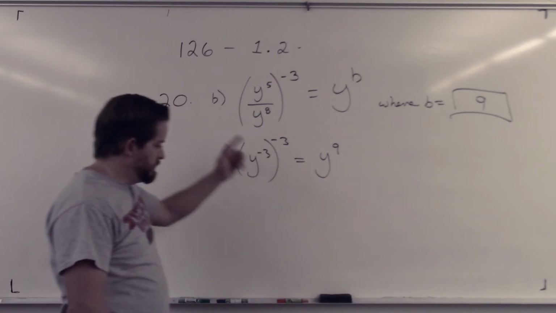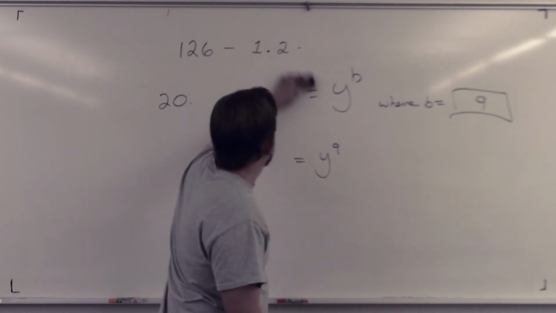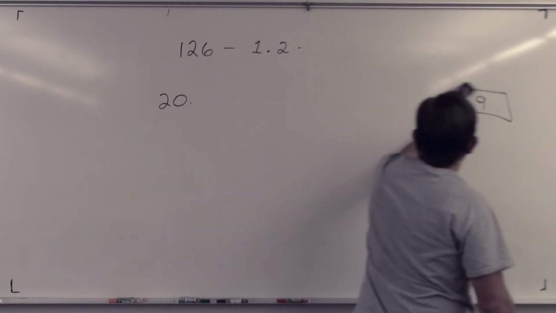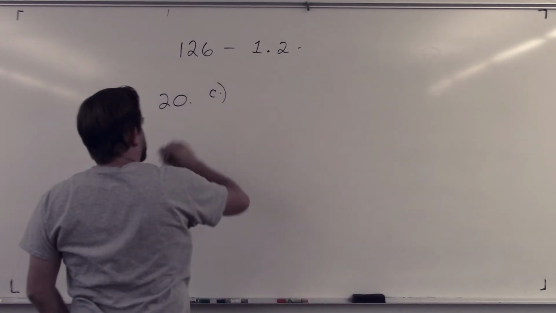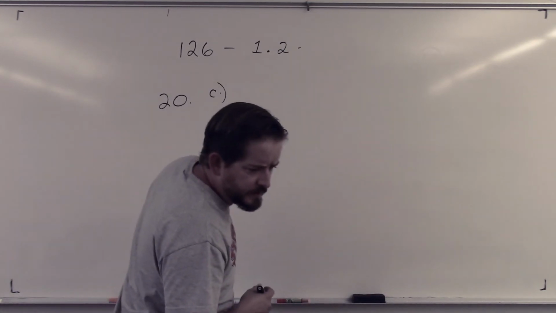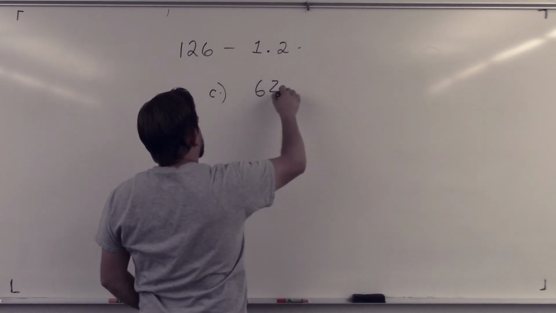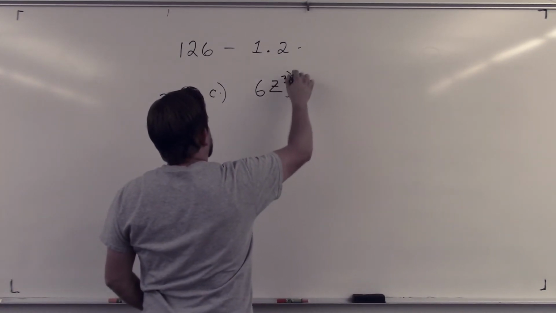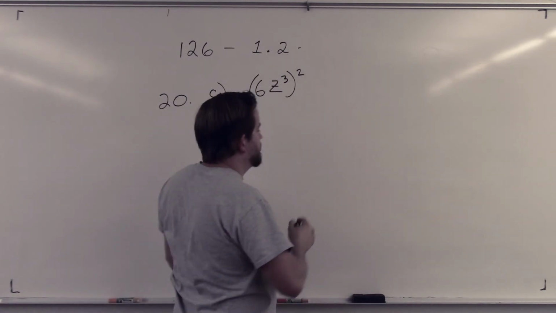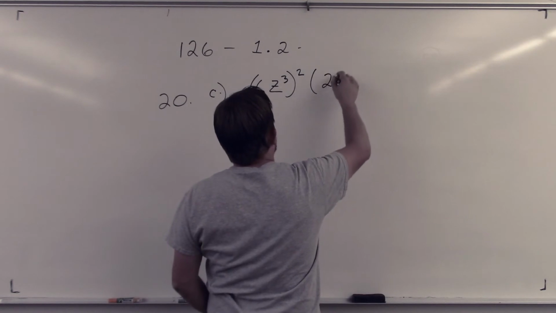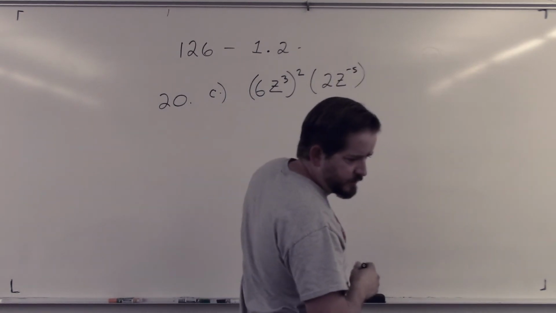Well, let's look at the third expression in this one. Call it c maybe. This one is 6z to the third squared. It gets multiplied by 2z to the negative 5, which is to the negative 2.